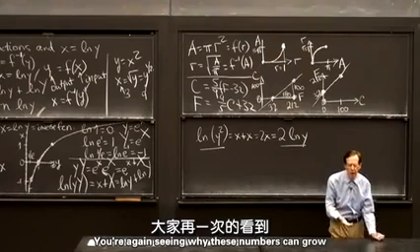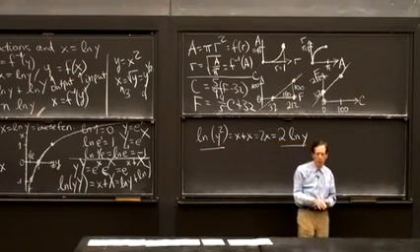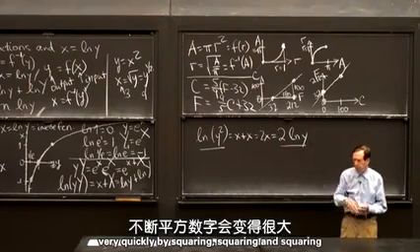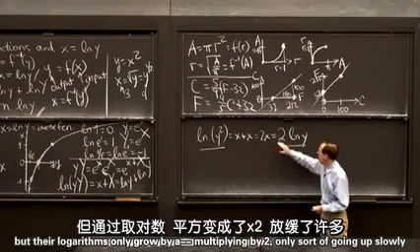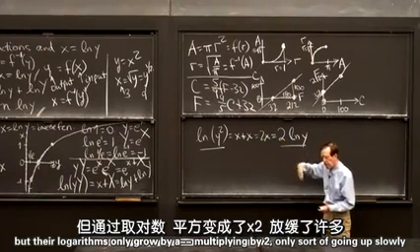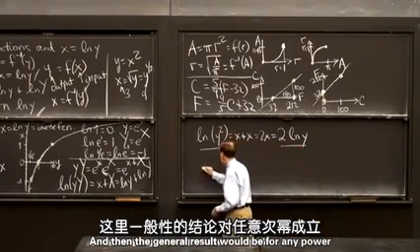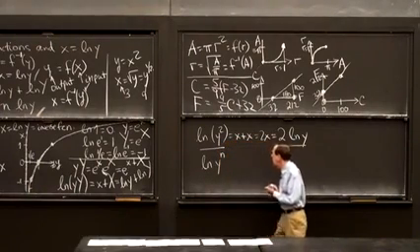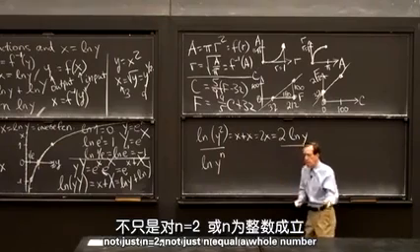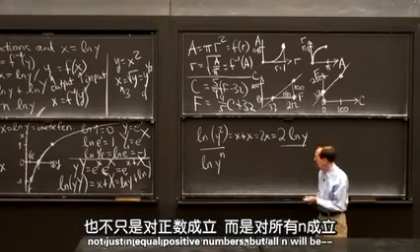You're again seeing why these numbers can grow very quickly by squaring and squaring and squaring, but their logarithms only grow by multiplying by 2, going up slowly. And then the general result would be for any power n, not just n equal 2, not just whole numbers, not just positive numbers, but all n.